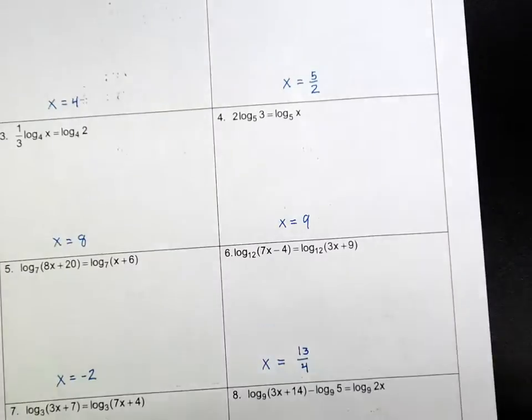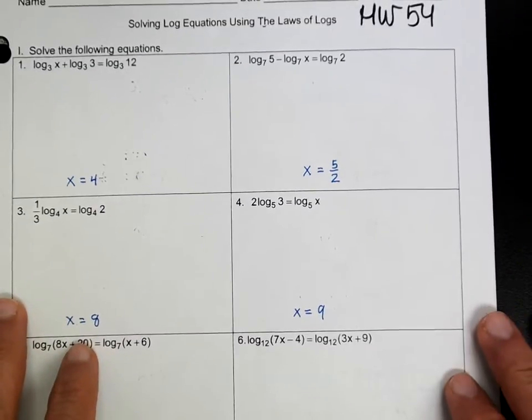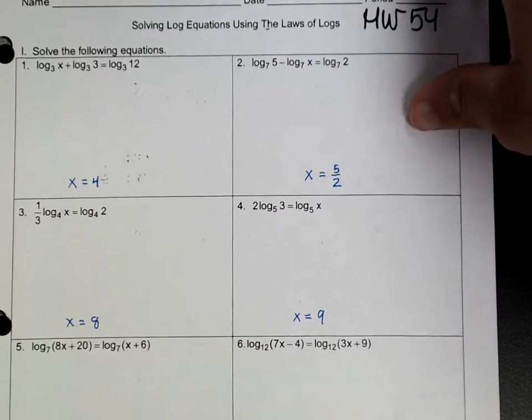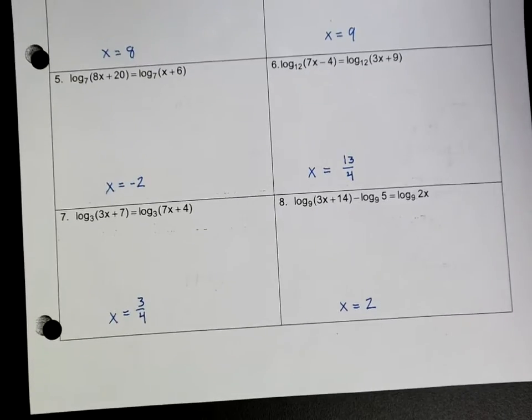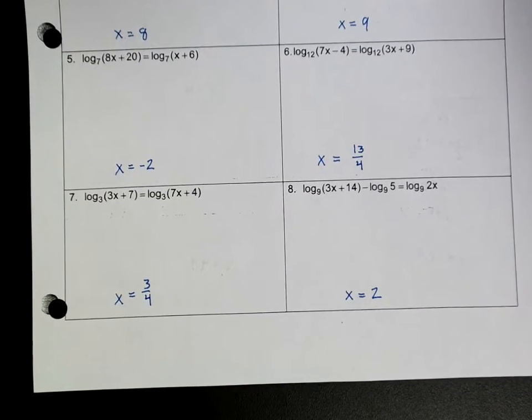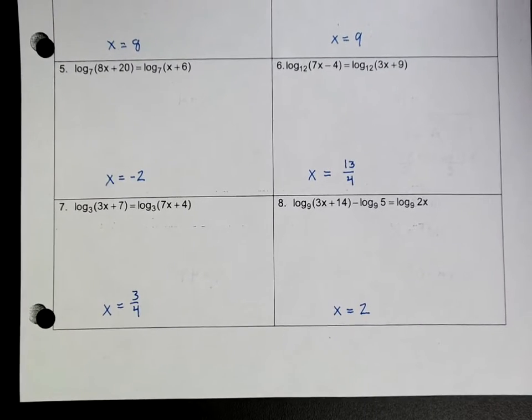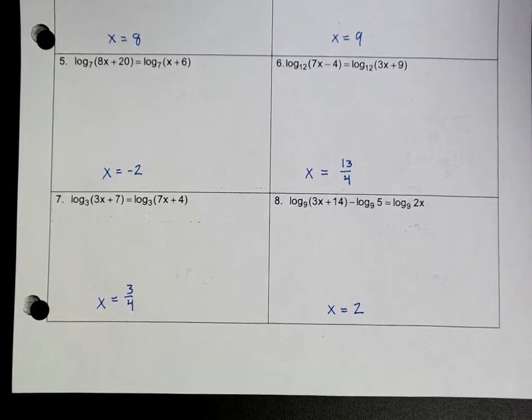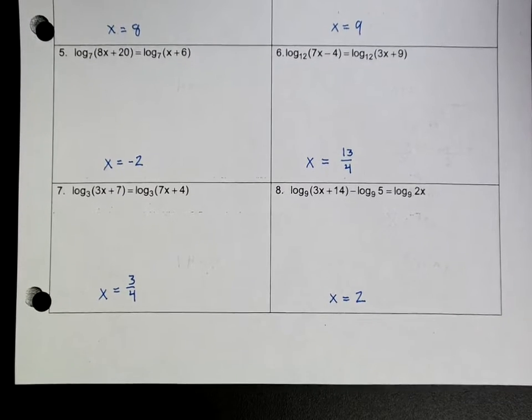Alright, so here are the answers for the homework. First 4. So the last 4. What's that? Number 2 was 5 over 2. Or 2.5, either one.